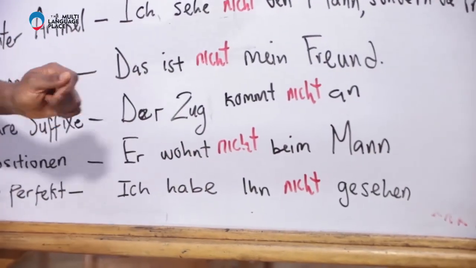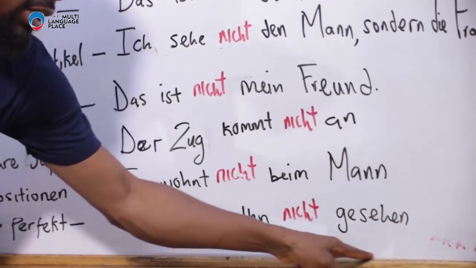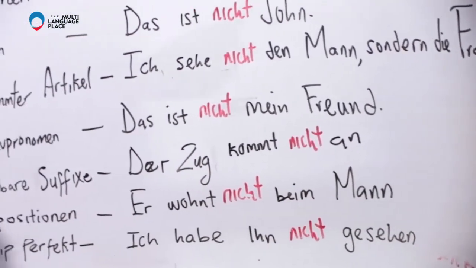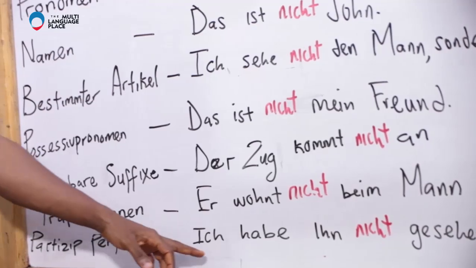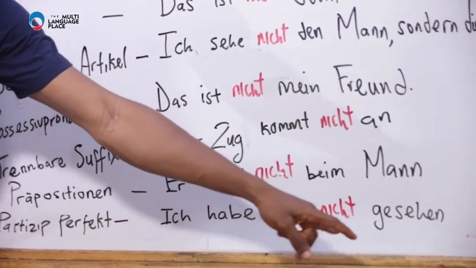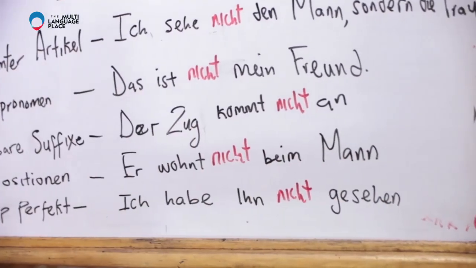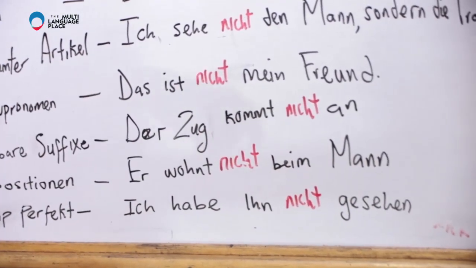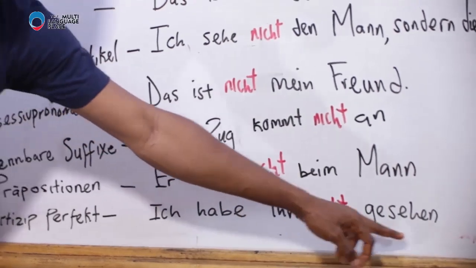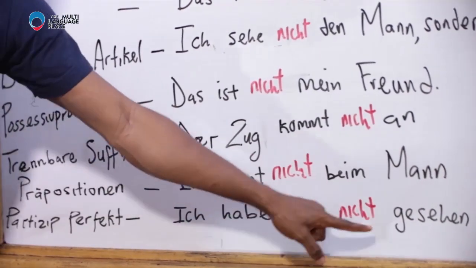This is your participle here, gesehen, the English equivalent of seen. So I would say, I have not seen him. The nicht has to come before the gesehen, the past participle, not after it, not anywhere else. Ich habe ihn nicht gesehen.